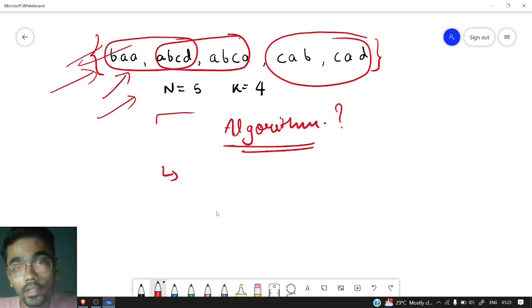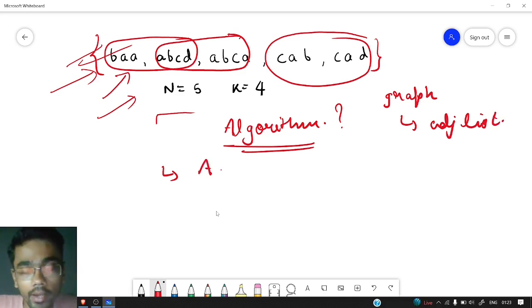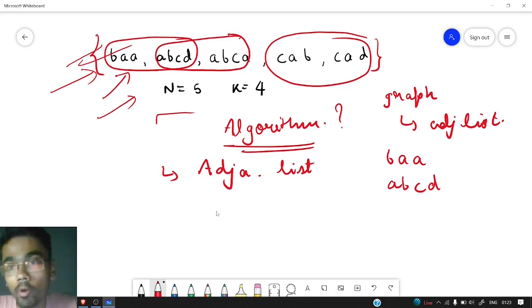So first of all, what we need to do? We need to create a graph, or we can say we need to create an adjacency list. Now how will we create the adjacency list? We have already seen in the dry run of this example test case. We will take two words from this given language, and we will figure out the point of difference. For example, in this test case, the point of difference was B and A. How did we figure out the point of difference?